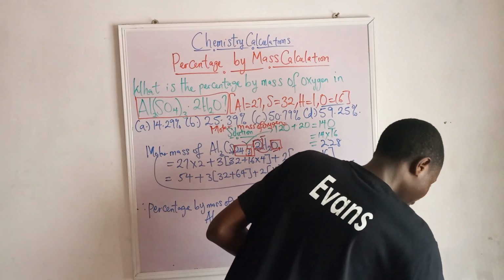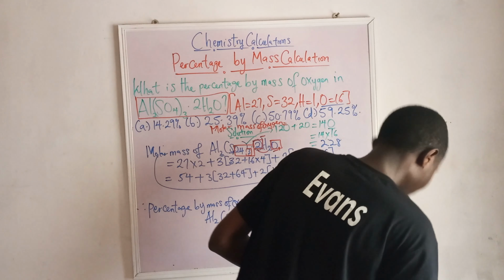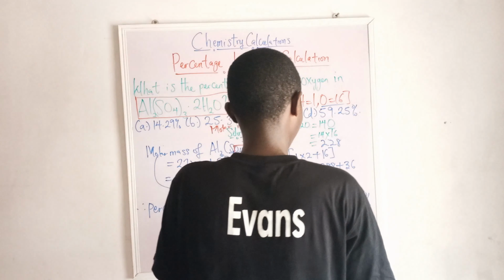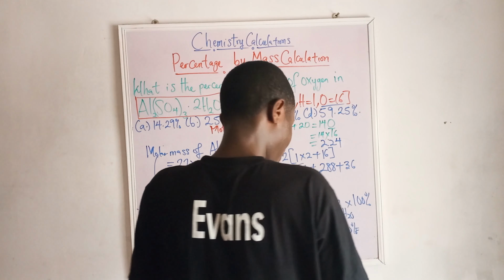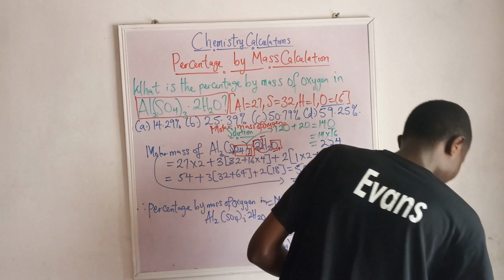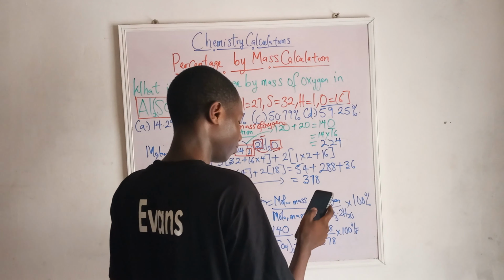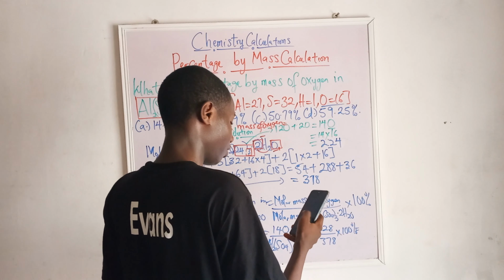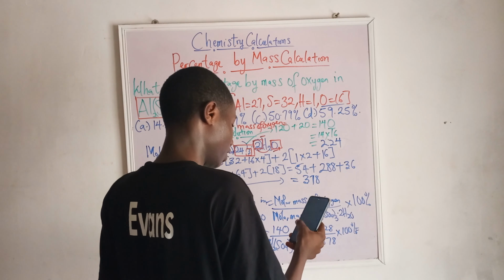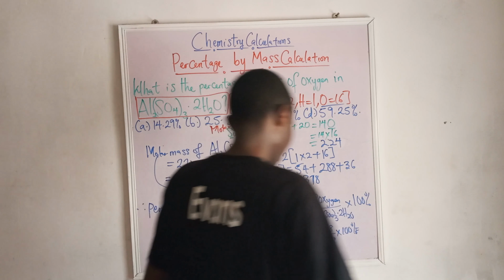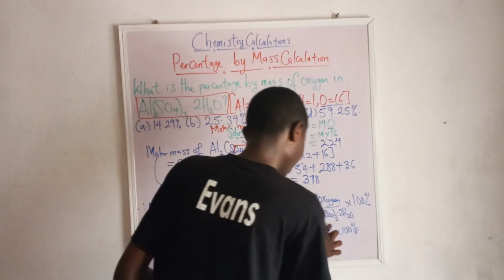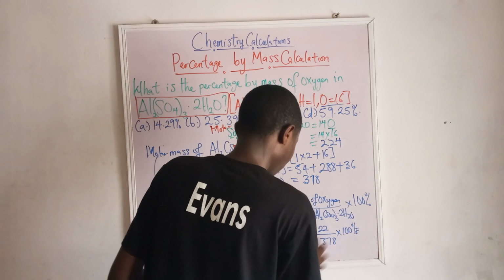Maybe I made a mistake when I rewrote it. I probably forgot the number because I had rubbed it out before. So 224 divided by 378. So yeah, this place is 224.